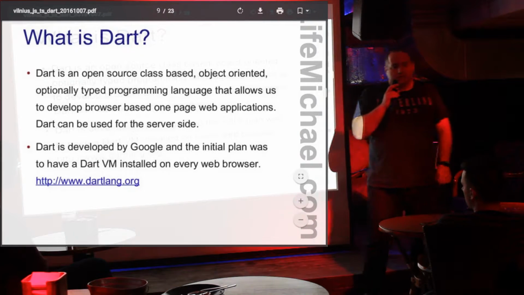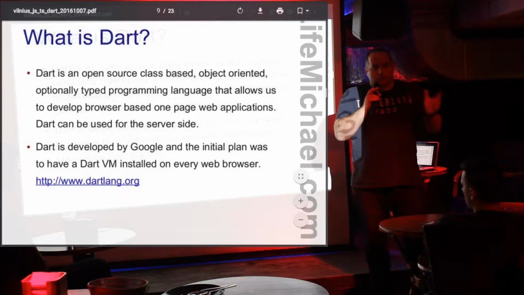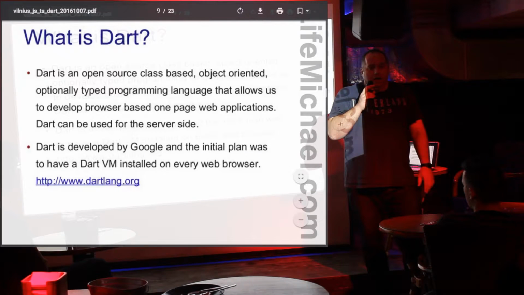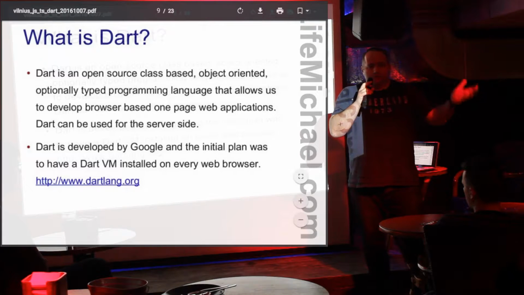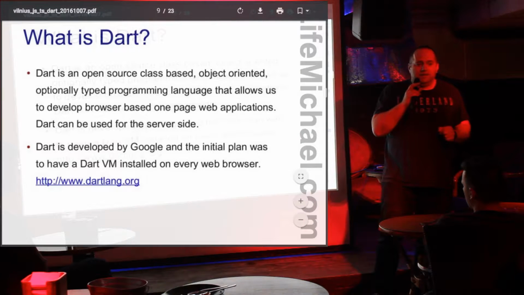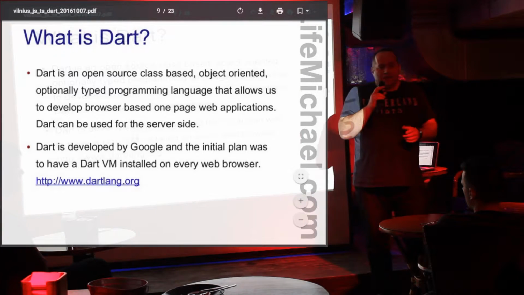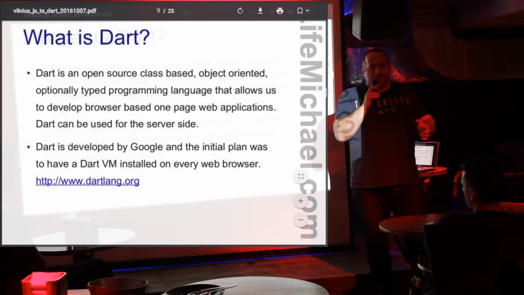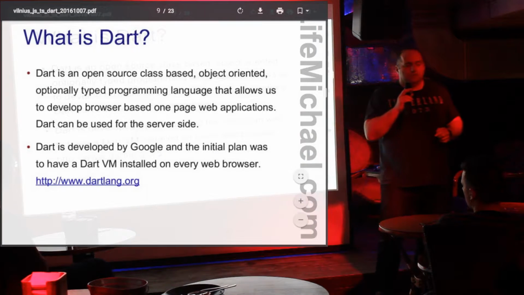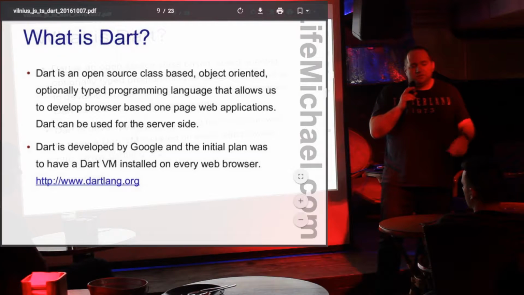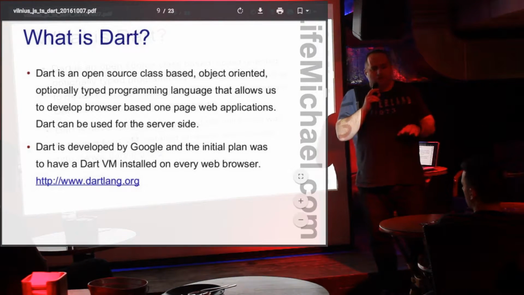About Dart, because Dart is the other programming language we're going to compare. So you probably know the story. In the beginning, the intent was to have a Dart virtual machine in every web browser, so we would write code in Dart. However, it didn't happen, not even in Chrome.